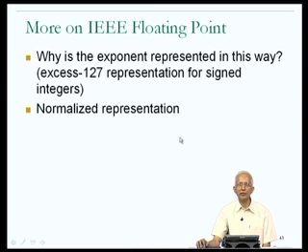Now if they had used 0 point f, just note that inside the fractional field of 23 bits, it is possible that the first bit could have been a 0, or the first 5 bits could have been zeros. Okay? What this means is that there would have been many different ways to represent the same real value.